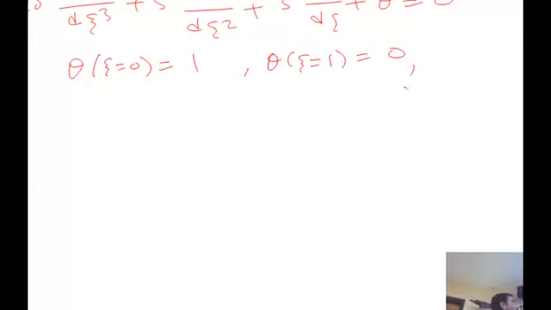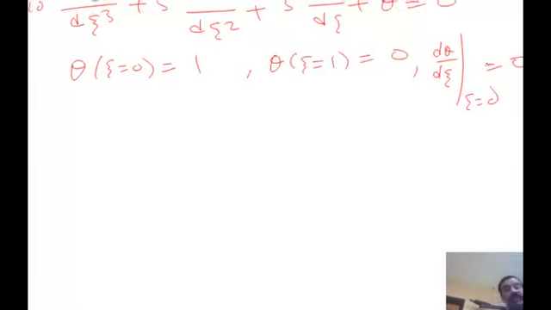Now this is a third order equation, so I need three conditions. So I'm going to give you another condition, which is dθ/dψ at ψ equal to 0 is 0. My question is, if you have understood this lecture, go and convert that into a system of three first order equations.